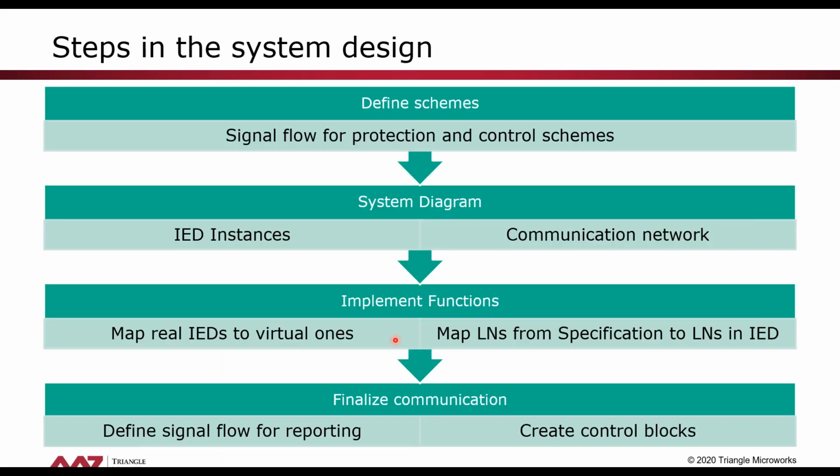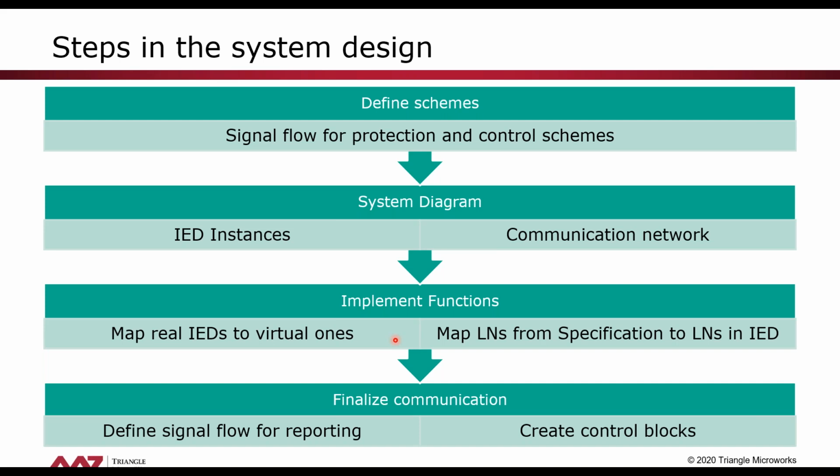This is an overview of the different steps we have to do. We first have to define our protection and control schemes, the signal flow that we need for them. We then have to create the system diagram, the communication network, the IED instances with the connections to the network and the communication parameters.